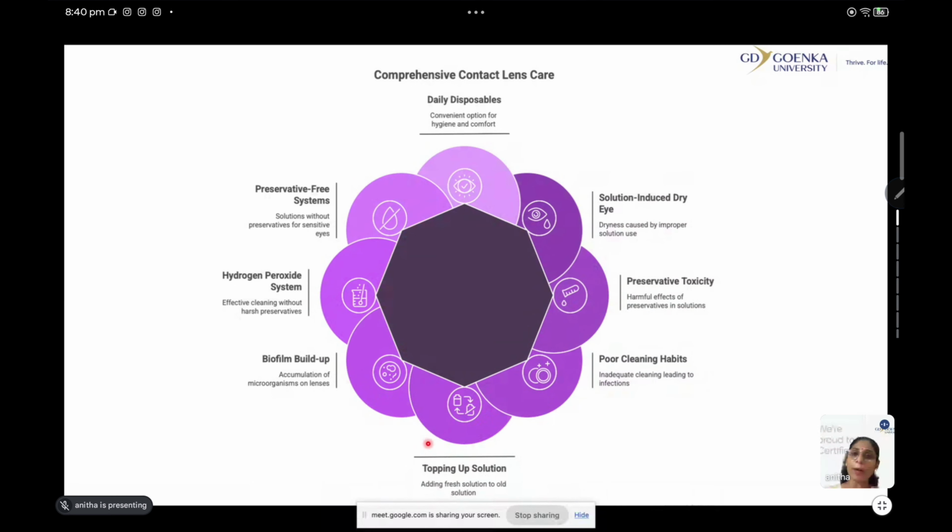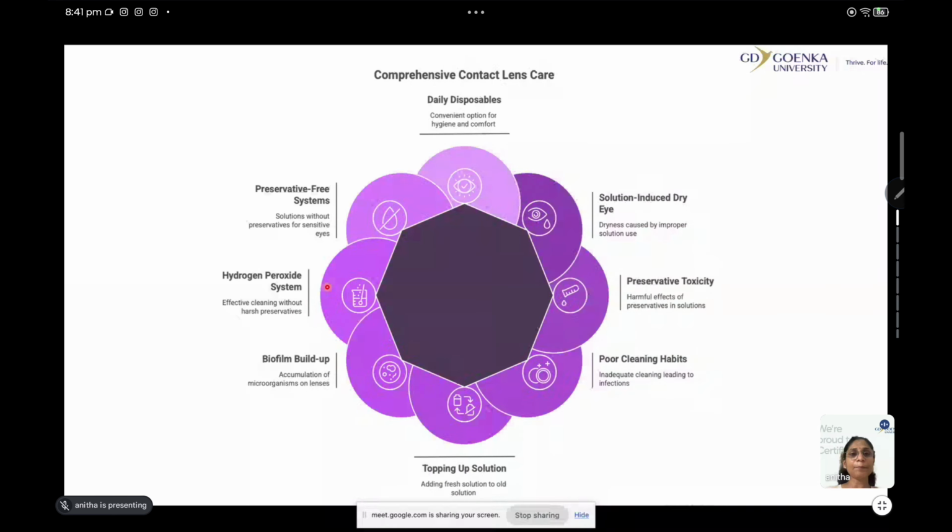There is a biofilm which develops in the lens case, and that is going to lead to infections in the eye also. So biofilm buildup is because of accumulation of microorganisms on lenses. Why? Because they are used to topping up solution. Okay. The hydrogen peroxide system is effective in cleaning without any harsh preservatives. Again, in our country, this has been discontinued for now.